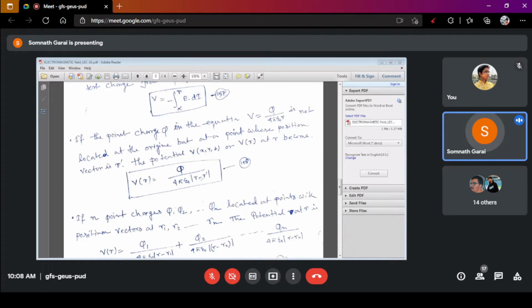Now this equation 158 represents one point charge.